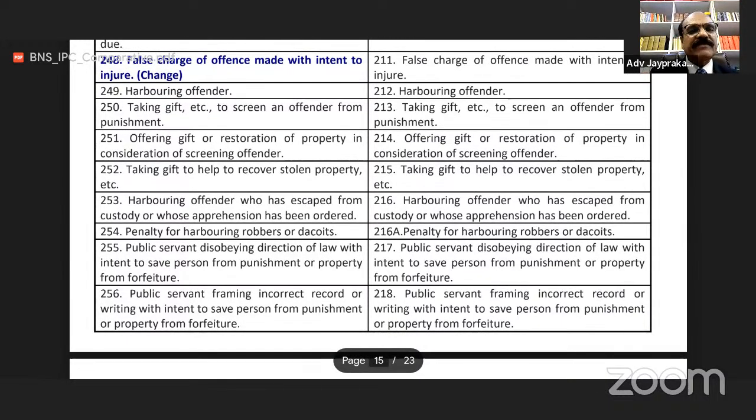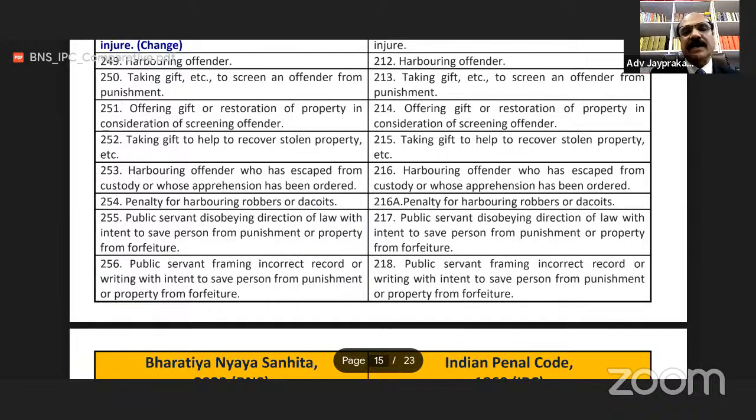BNS section 250, taking gift etc. to screen an offender from punishment. Earlier section was IPC 213. BNS section 251, offering gift or restoration of property in consideration of screening offender. Earlier section was IPC 214.